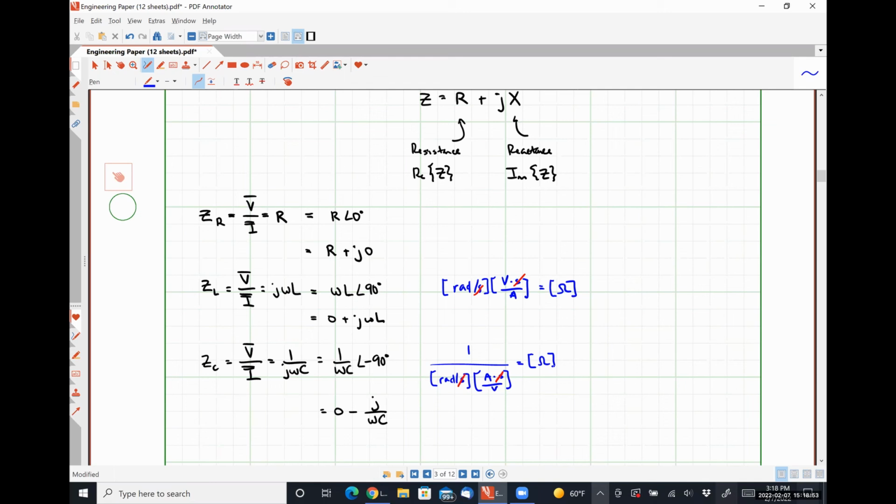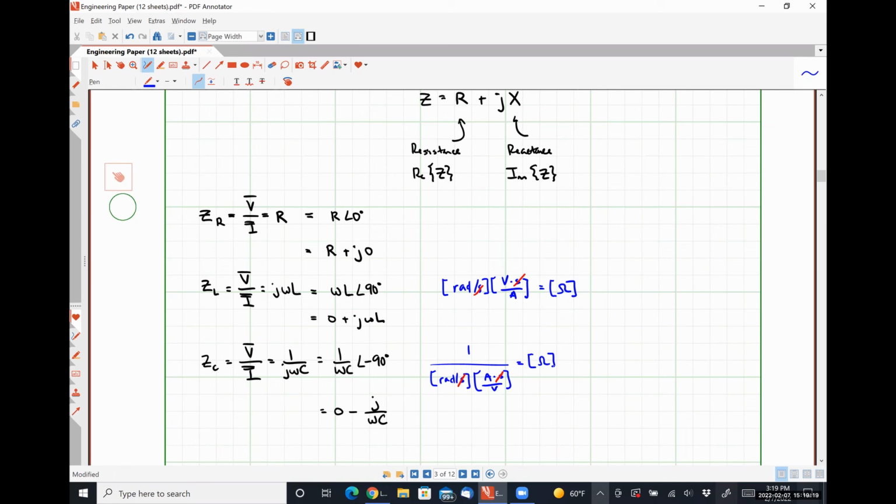Since the units of the impedance of resistance, the impedance of inductances, and the impedance of capacitances are all the same, ohms, that means that we can treat impedances in frequency domain circuits like resistors in DC circuits.